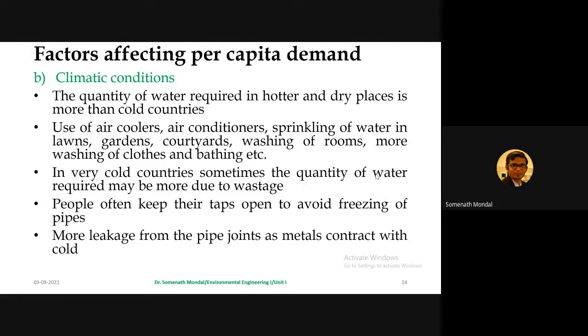Another issue with respect to cold regions is that the expansion of water to ice can create leakage in the joints of the pipes and other appurtenances, and because of that you may have some amount of loss. That also needs to be considered, and that also creates a significant influence when we calculate the per capita demand.